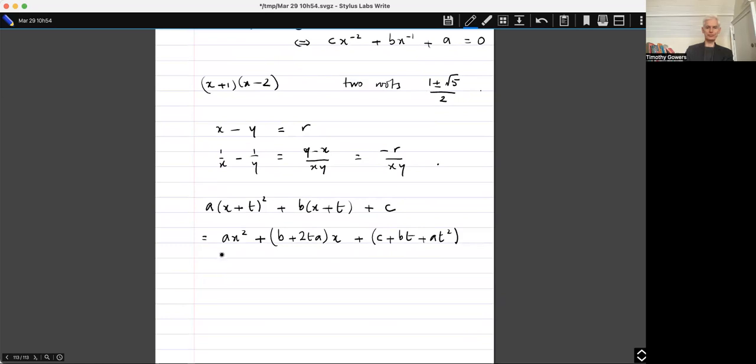So in other words, if I take the numbers a, b, c, and a, b plus ta, c plus bt plus at squared, I want some quantity associated with those not to have changed.